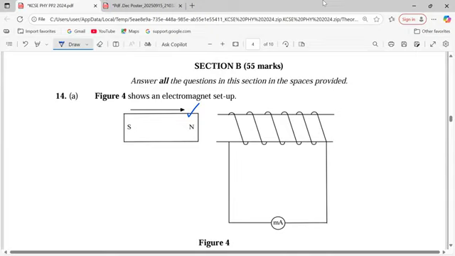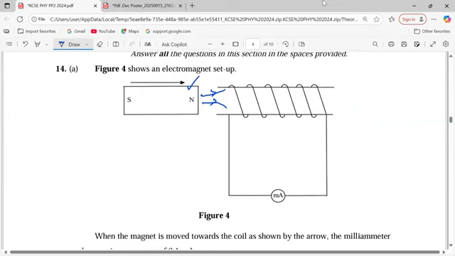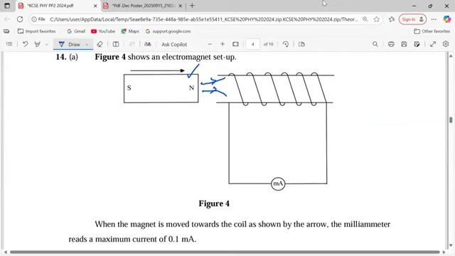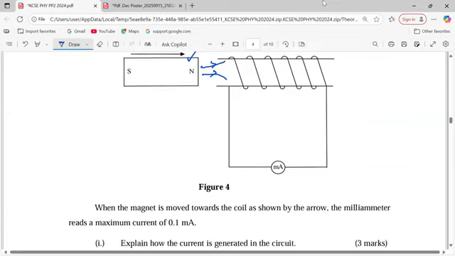Therefore, we will have the magnetic field lines linking with the coils. So these are magnetic field lines from the magnet. They link up with the coils. Hence, an EMF is generated. The induced EMF is the one which will lead to the flow of some current.